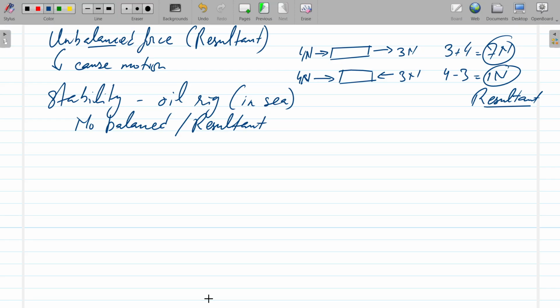Okay, that brings us to the laws of motion, and we're going to start off with Newton's first law. All right, so there are three laws of motion attributed to Sir Isaac Newton.